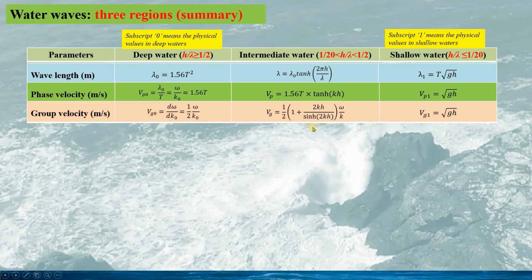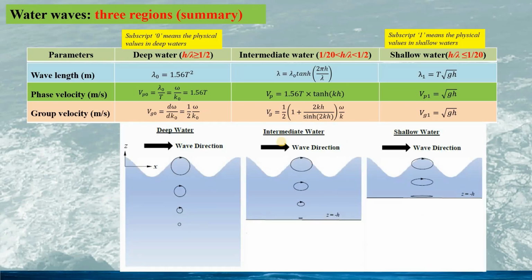Here, we use the subscripts 0 and 1 to distinguish the approximation values in deep water and in shallow water, respectively. The water particle motions are also different in different water depths.